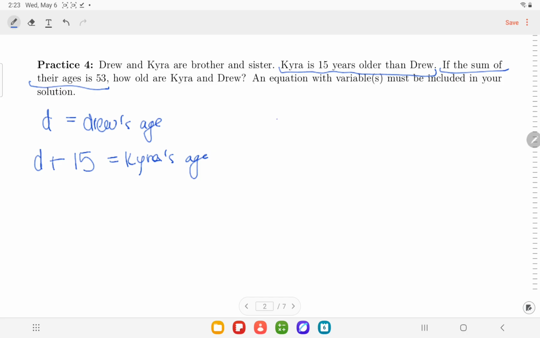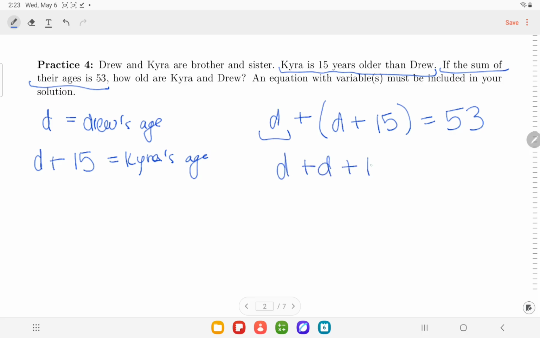So we know that Drew's age plus Kyra's age is 53. And then we have an equation here, so we can solve for Drew's age. So we have these which are like terms, so we can add them. And then we can subtract 15 from both sides.